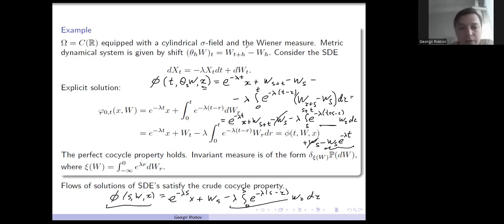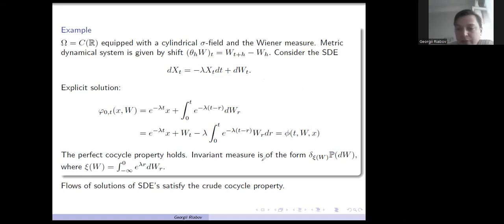Moreover, we can find the invariant measure for this random dynamical system, and this invariant measure is concentrated on the following random variable.